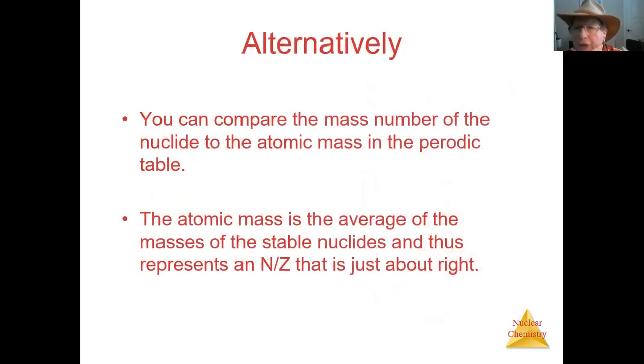Now, basically, you can figure this out if you look at the periodic chart. The atomic mass is just an average of the stable nuclides. And basically what this represents is a neutron to proton ratio that's just about right. So if we have iodine 128, the average atomic mass is 126.9.